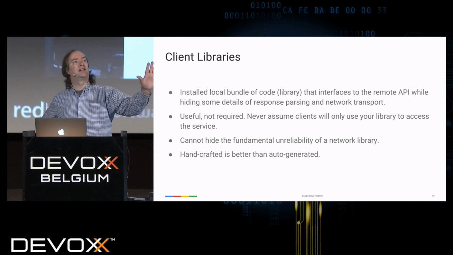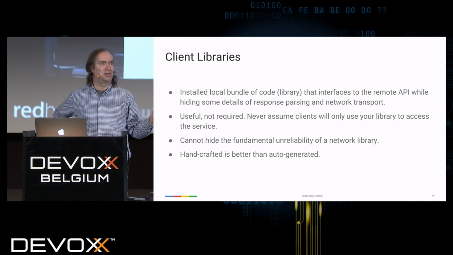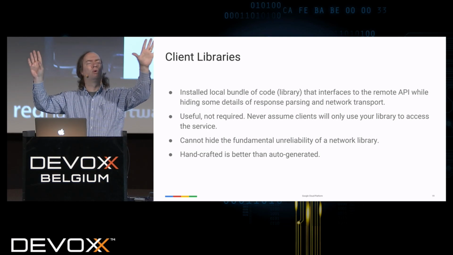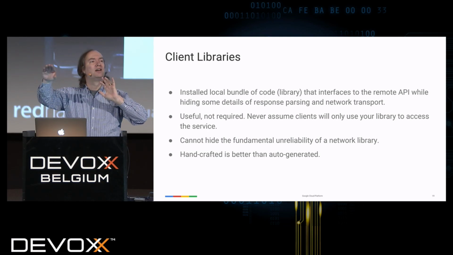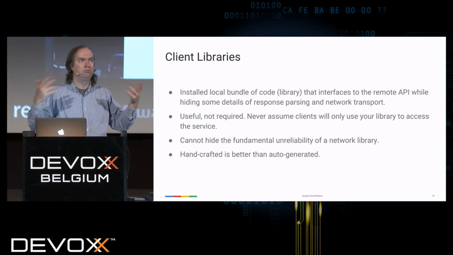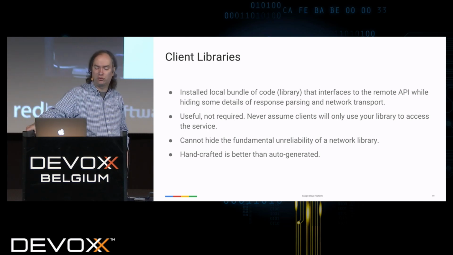Okay, next point, next subject. Client libraries. Up till now, I've said, well, there's HTTP or maybe PubSub, there are clients connecting to it. We can connect to HTTP in anything, in Python, Java, C#, etc., Swift.